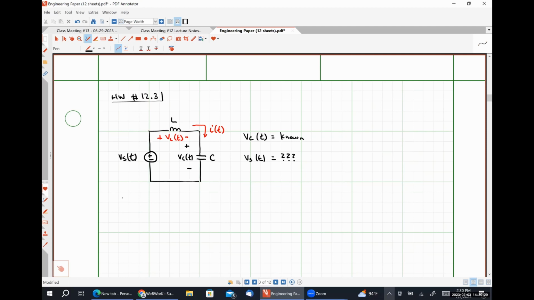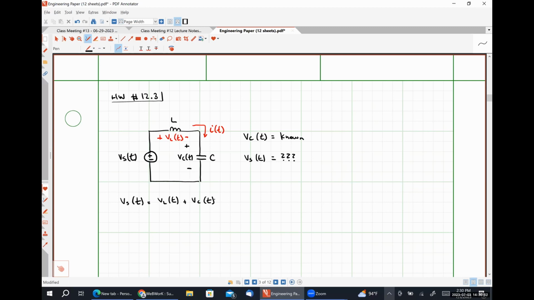So my source voltage Vs of t is going to be the voltage drop across my inductor plus the voltage drop across my capacitor. Okay.